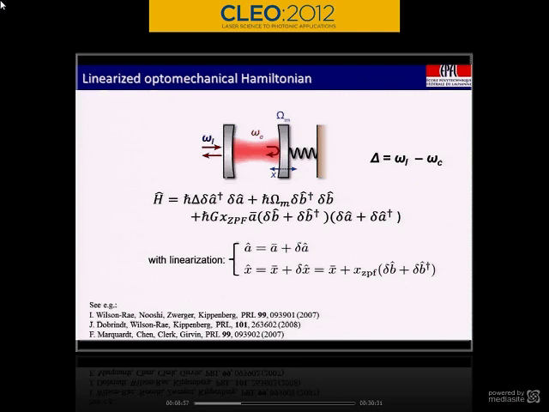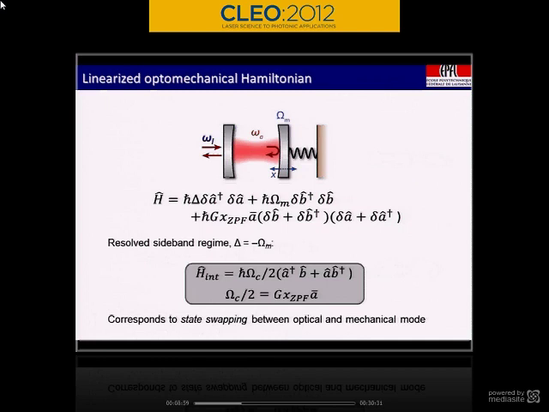Now, rewriting this a little differently, you see that what you have is a Hamiltonian which allows you to swap a photon into a phonon and vice versa. The coherent coupling rate that describes this process is now given by the so-called vacuum coupling rate, g times x zero-point motion, times the root number of photons in the cavity. And you can make that number, in principle, quite large, simply by providing a strong coherent drive field, which now couples the mechanical degree of freedom with the optical one.